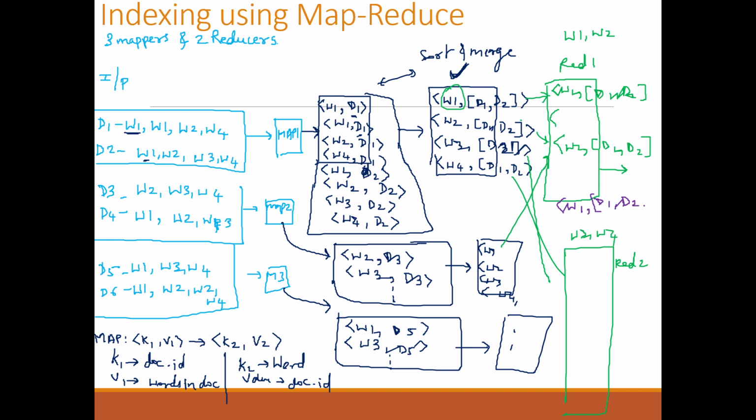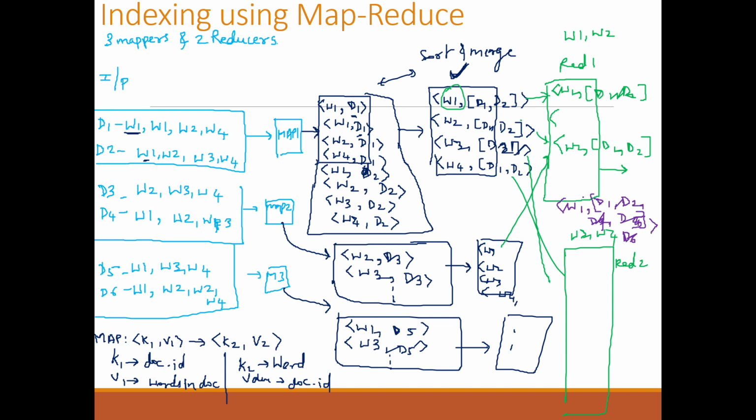So if you see here, in this case the output is a list. So it is possible to have a list as output. So W1 is present in document 1, 2, 4, 5 and 6.